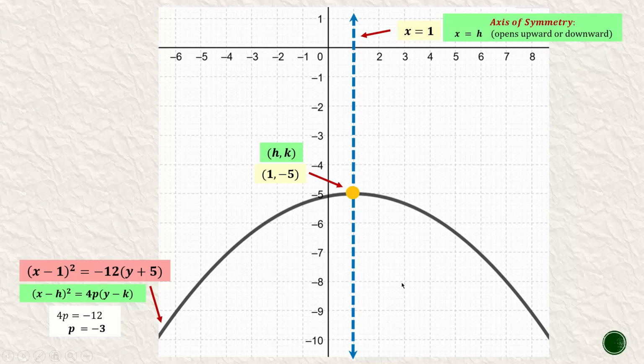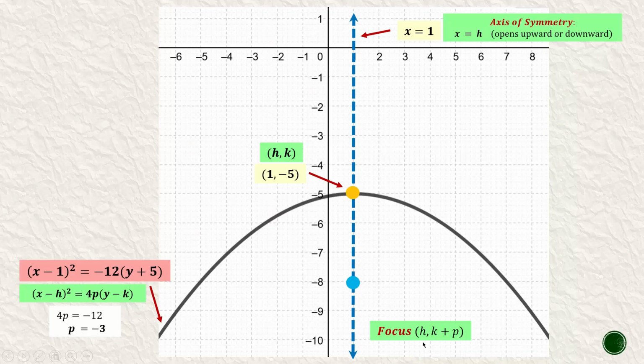Now let's locate the focus of this. The distance of the focus and the vertex is equal to the absolute value of p. Our p here is negative 3. The absolute value of that is 3. So you move 3 units down from the vertex and you will have this point. Of course, there's a formula for that just in case you don't have the graphical representation, and the formula is (h, k plus p).